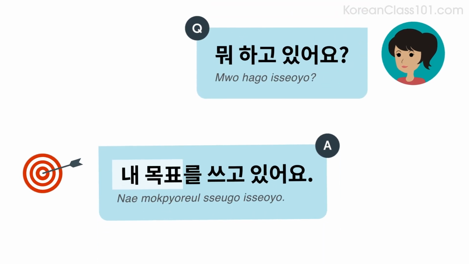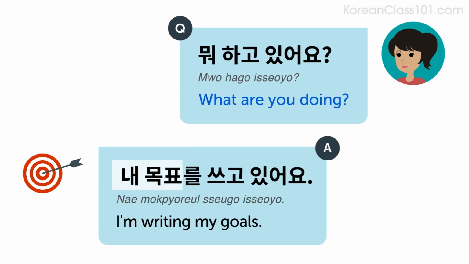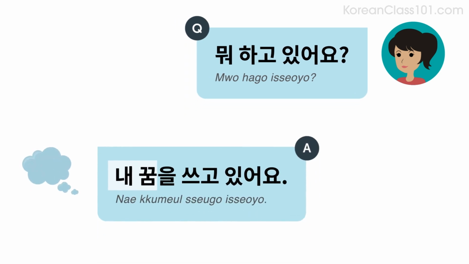Let's look at some examples. Listen and repeat or speak along with the native speakers. 뭐 하고 있어요? 내 목표를 쓰고 있어요. What are you doing? I'm writing my goals. 뭐 하고 있어요? 내 꿈을 쓰고 있어요.